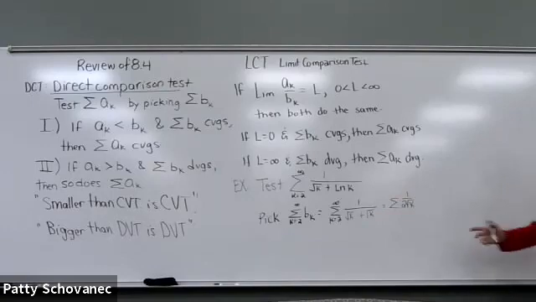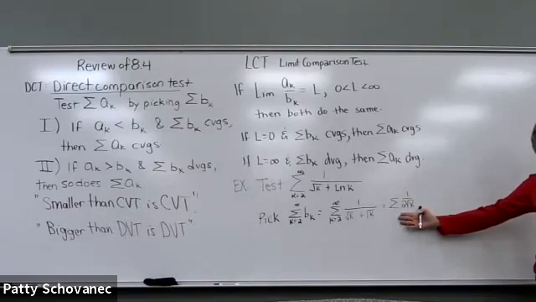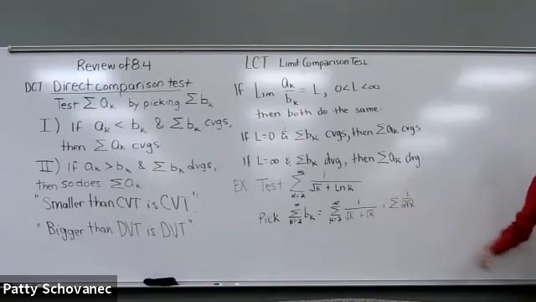But before I do that, can you tell me, is this series that I picked as my lookalike series a convergent or divergent series? Convergent. Okay, let's try the other choice. Divergent. It's a P series, right? P is a half.